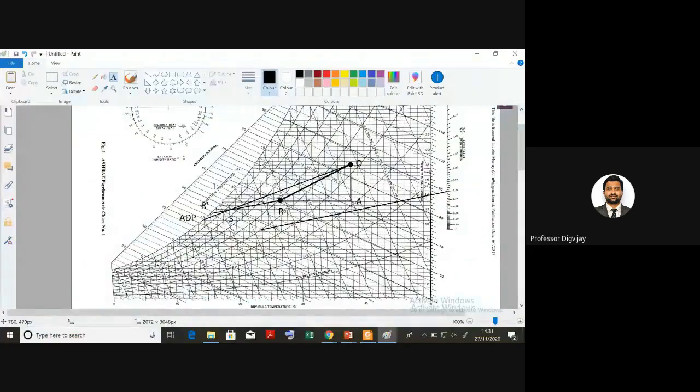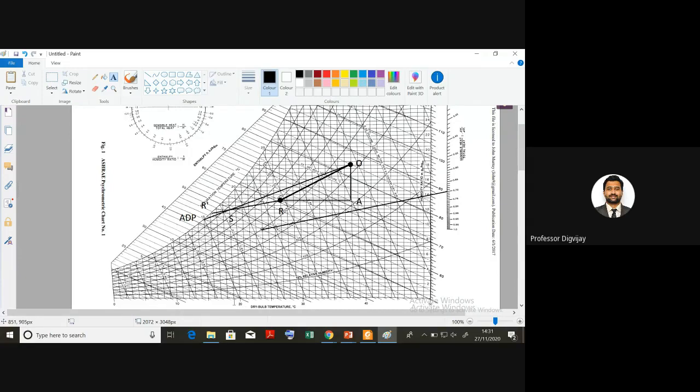Okay, so point S is the condition of air when it leaves the cooling coil. Outside air, this was the O, passes through a coil whose ADP was given, that is 15 degrees Celsius, and its leaving condition will be S. As you can see in the diagram, its dry bulb temperature is one digit less than 20, that is 19 degrees Celsius.